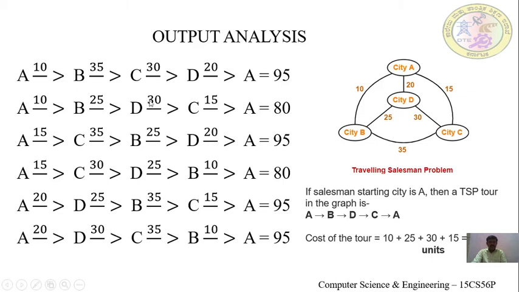These are the various routes in the output analysis. If the number of nodes or cities increases, the time taken keeps increasing. So in the worst case, as the number of nodes increases, the time required to visit all the nodes automatically increases.